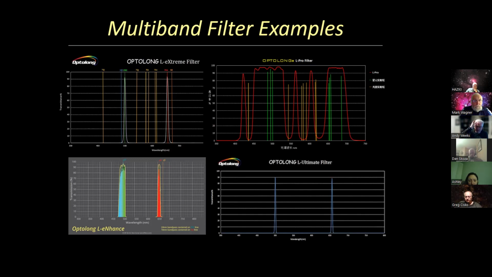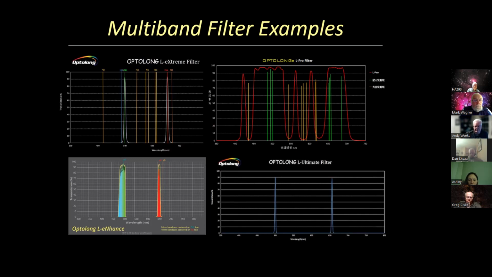But with the L Pro, I can do about 3 minutes before it's right on the edge of letting in some sky glow. So the Optolong L Pro is a one shot color camera filter, correct? Yes. Okay. Actually, everything on the screen is one shot color filters.